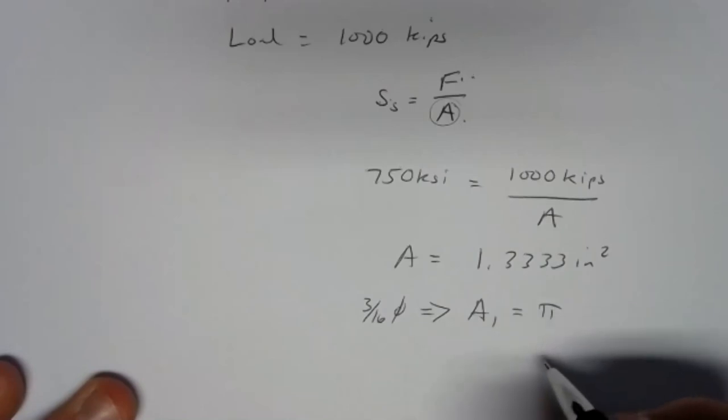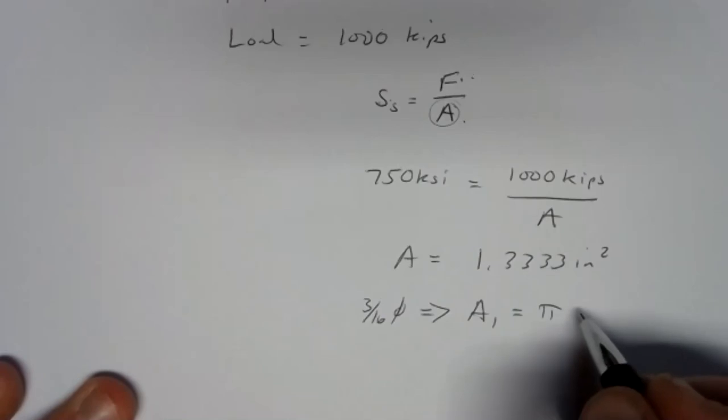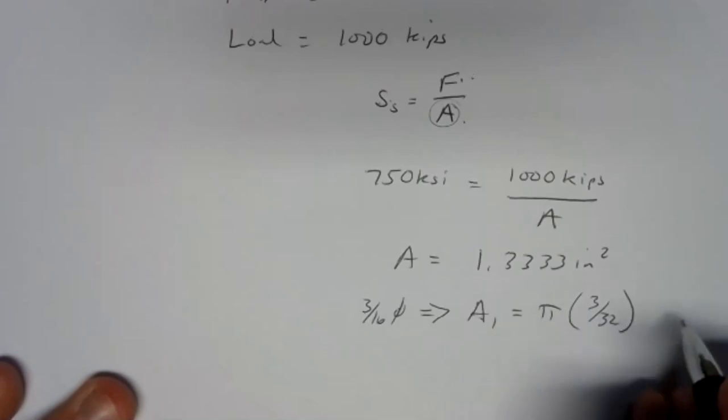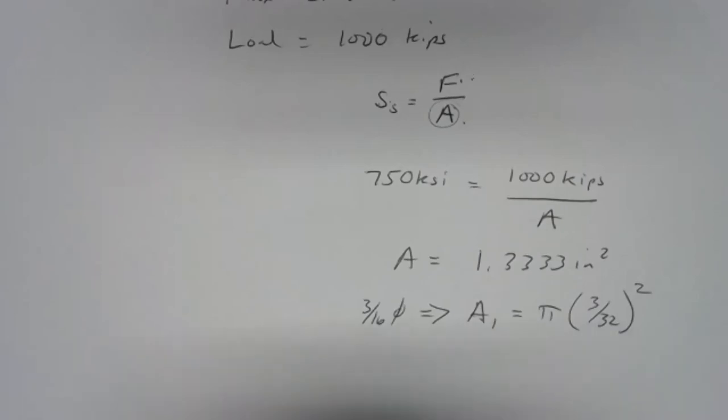And since the rivets have a circular cross section, it would be pi times the radius squared. So it would be pi times 3/32. Be sure to stay clear on diameter versus radius. We may spec out rivets in diameter, but we end up doing radius calculations for the area. So 3/32, we'd square that and multiply it by pi.